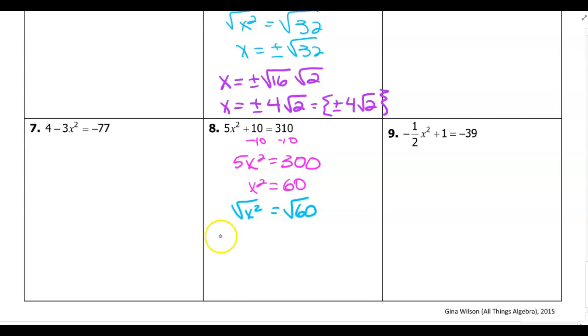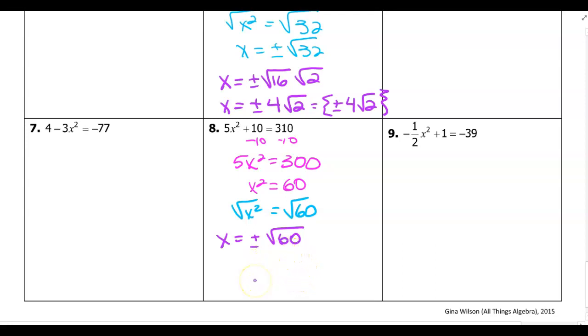And we get x equals plus or minus the square root of 60, which, looking at 60, maybe you recognize that 4 goes into 60, and that is a perfect square.